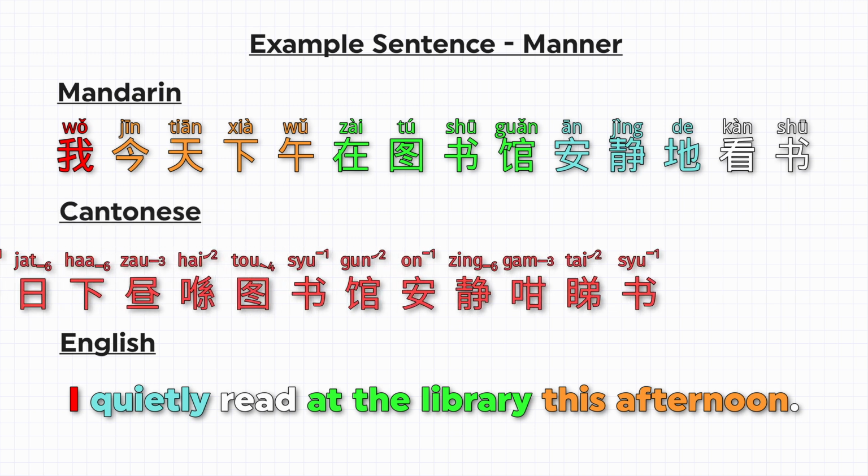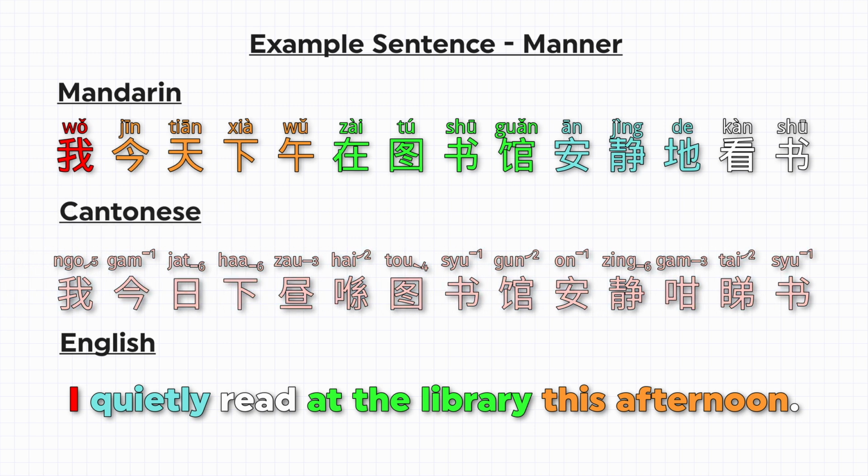In Cantonese now, 我今日下晝喺圖書館安靜咁睇書. Once again, same structure, right? 今日, today, 下晝, afternoon, 喺圖書館, at the library, 安靜咁, the manner, right? Very quietly, 睇書, read a book.